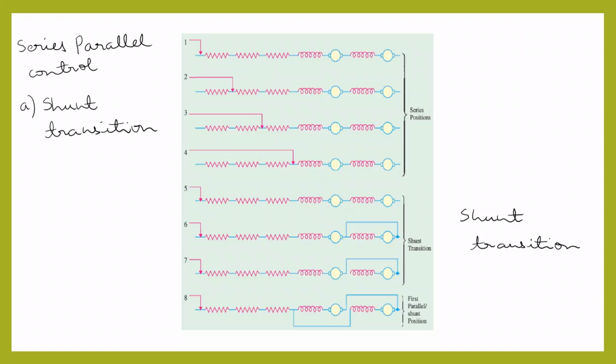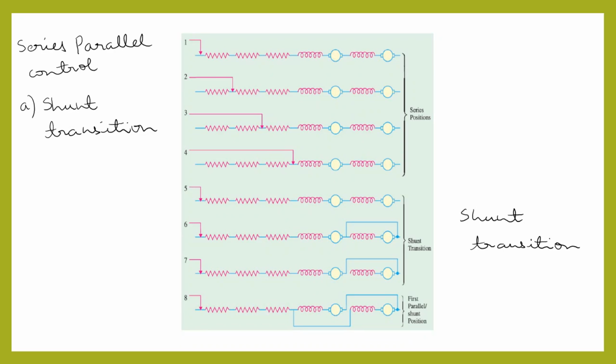As the starting resistance is gradually cut off, it is brought to zero position, that is at step 4, where the motors will now be in full series position. During the transition of the motors from series to parallel, the starting resistance will be reinserted in the motor circuit. That is shown in step 5.